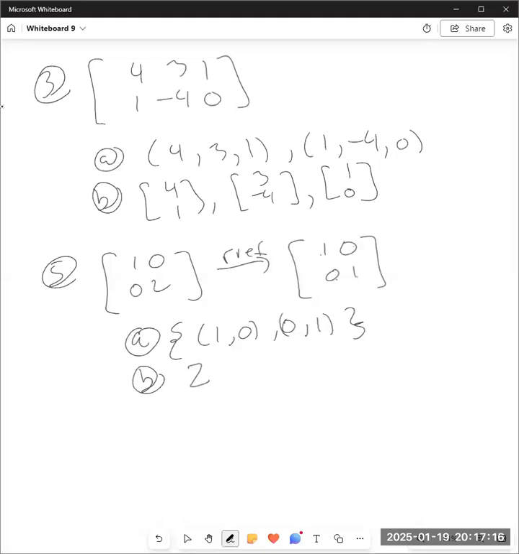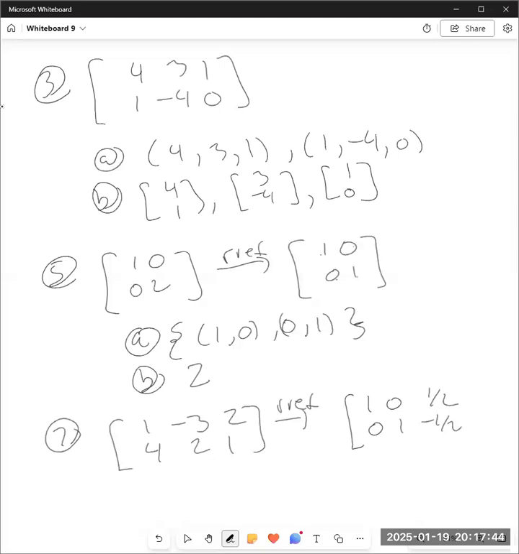Let's look at number 7. And it is 1, negative 3, 2, 4, 2, 1. When I RREF that, then we get 1, 0, 1 half, 0, 1, negative 1 half.